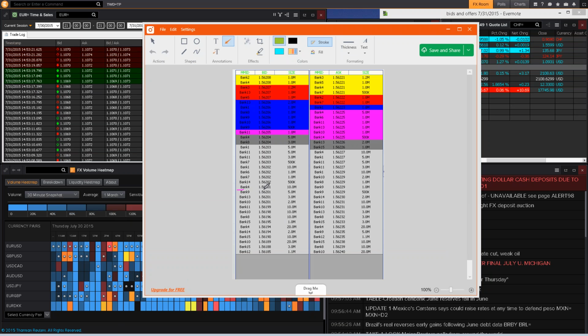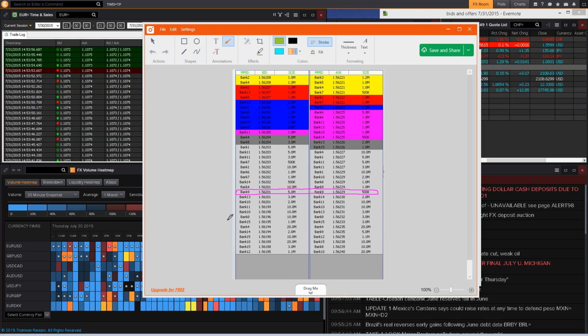Bank number 9. Oh yeah, bank number 10 too. So I found this example. We are way below the current bid and ask, right? By about 0.8 pips, something like that.